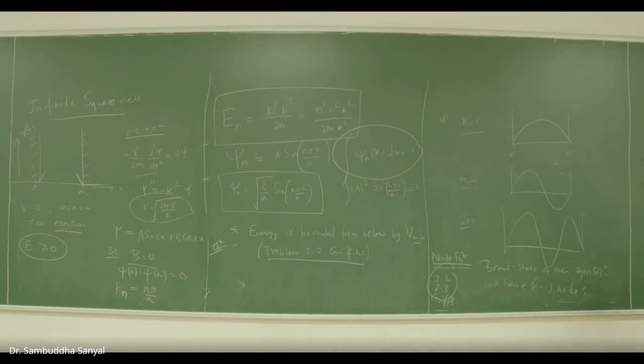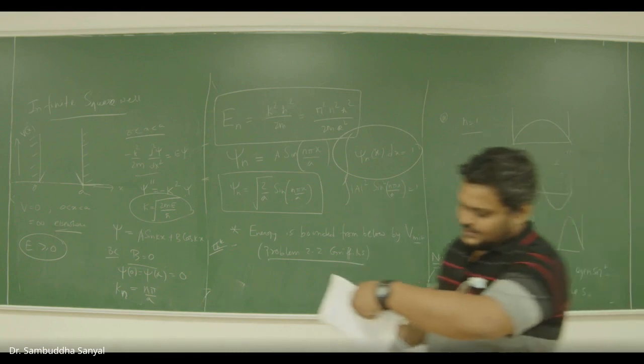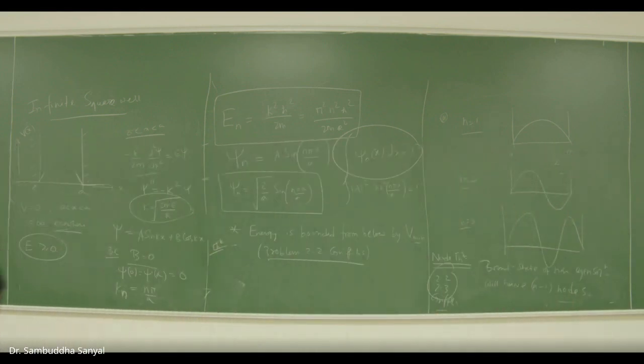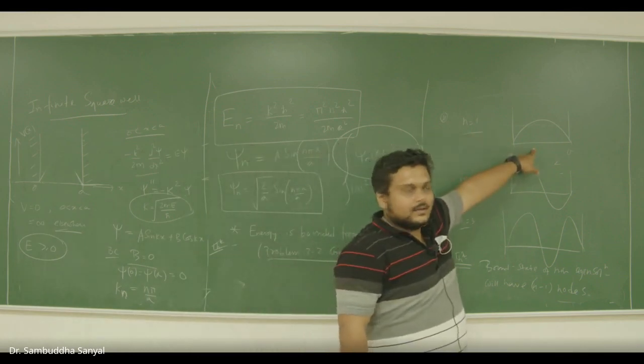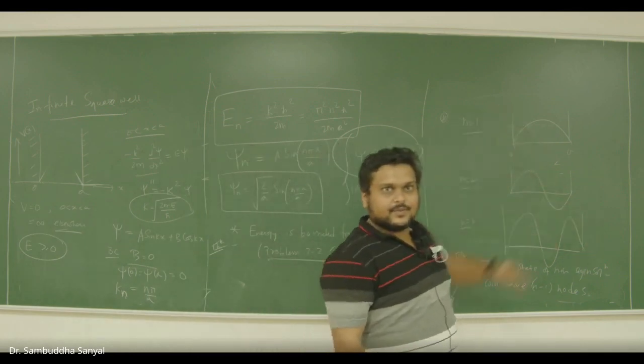Okay. Now this node theorem is a very powerful theorem that will allow you to sketch many solutions without actually solving them. And you can see the manifestation of this in this problem, that the first one doesn't have any node. Node means crossing the zero.